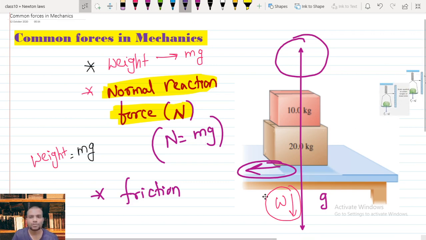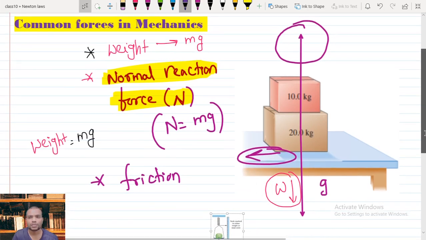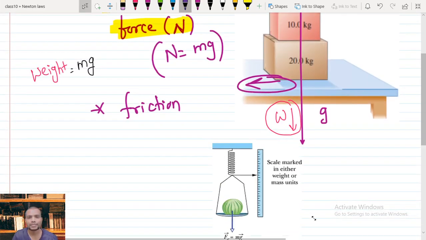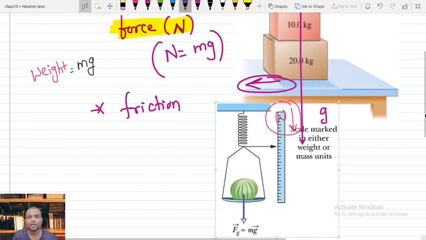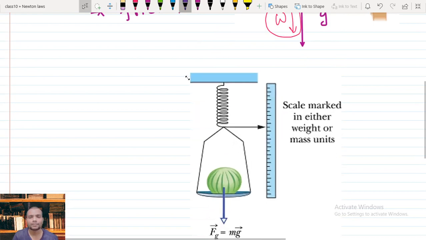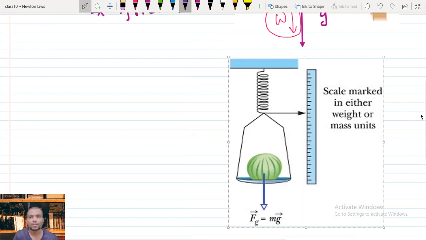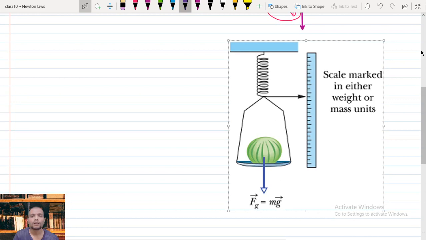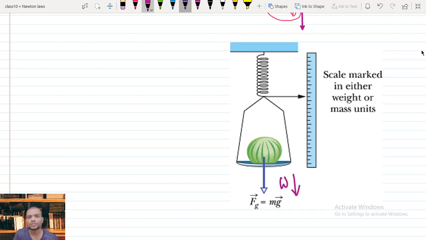And when it comes to the fourth one, this acts in springs. Suppose this is a situation, I am having a spring balance of weight. Now here, if you weigh an object, the object's mass and gravity give the weight of the object. Now weight is a force which is acting in the downward direction.